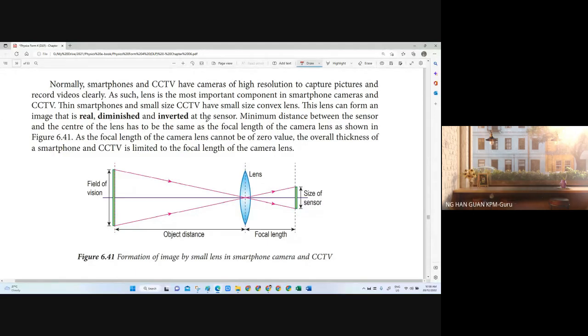For example, the lens forms an image that is real, diminished and inverted at the sensor. When the sensor processes the final image to appear on the screen, it is turned back to upright. But what the sensor detects is an inverted, real image. It must be real because the image has to form on the sensor. It cannot be a virtual image. This is for sure.